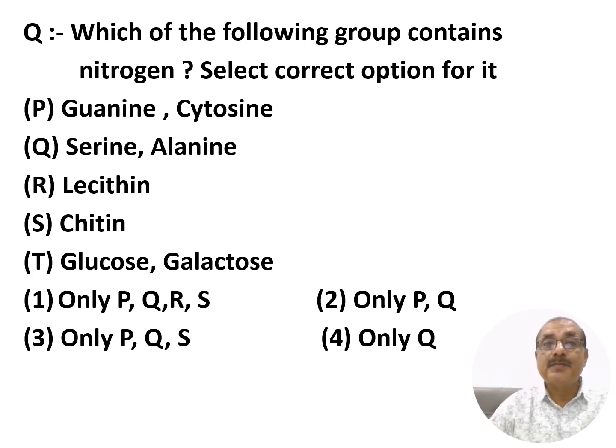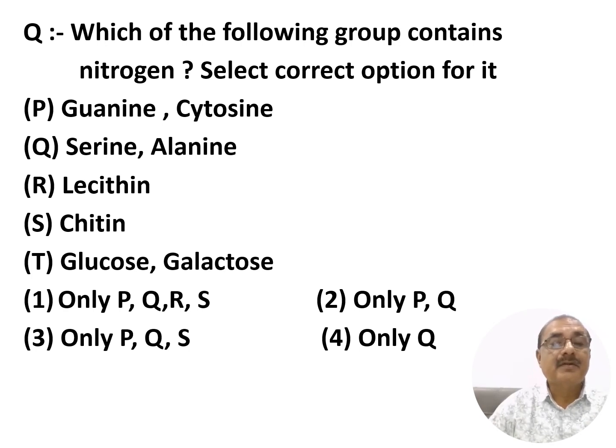Lecithin is a phospholipid, it has phosphate, but with phosphate there is nitrogen also. It is a nitrogenous phospholipid. So lecithin also contains nitrogen, and chitin is an N-acetyl glucosamine. It has an amine group, so it also contains nitrogen.